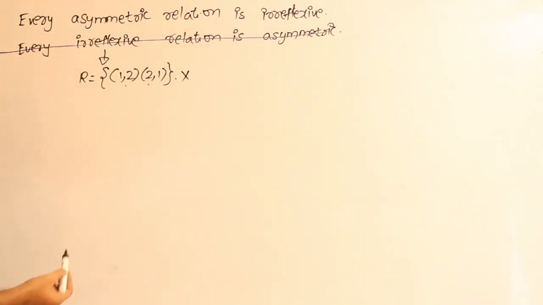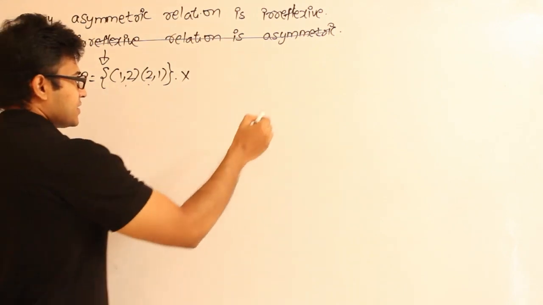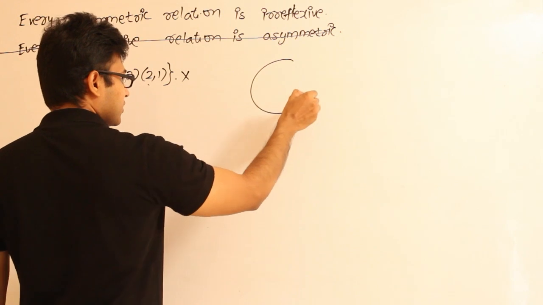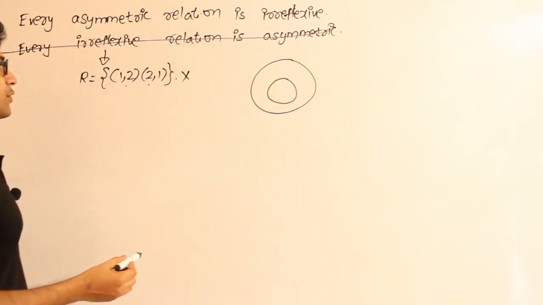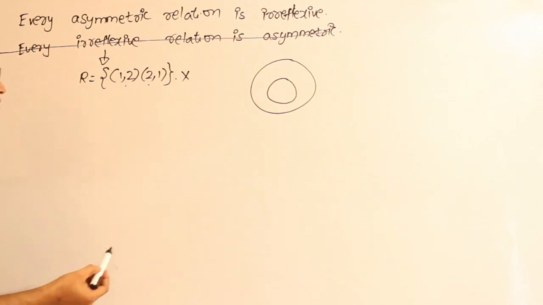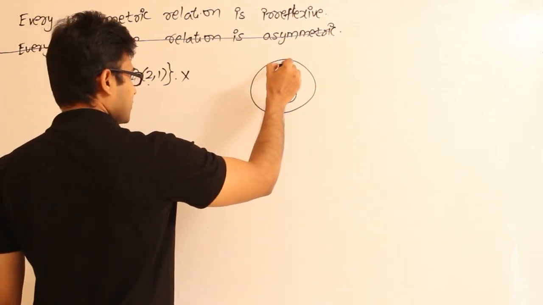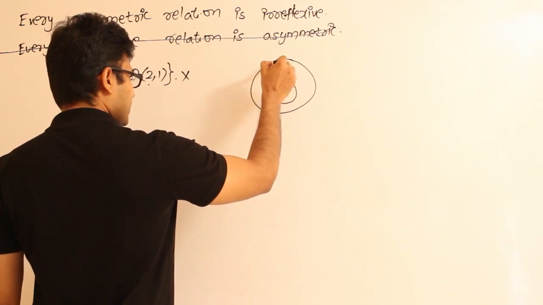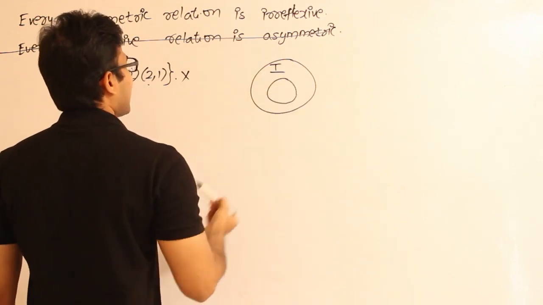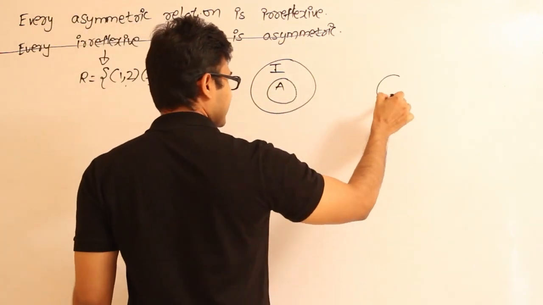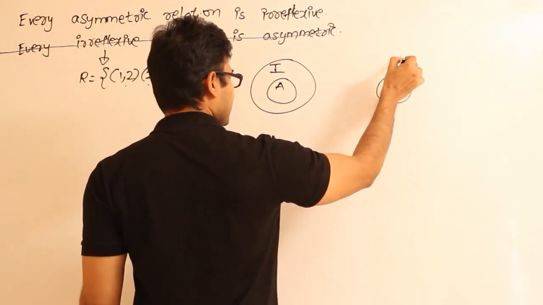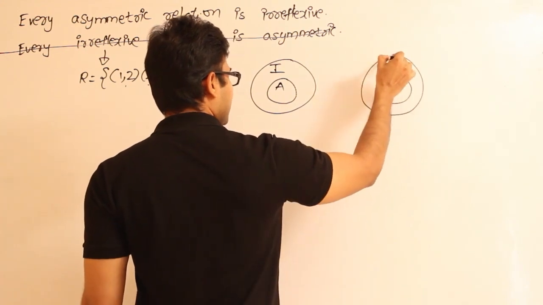Okay, now since you found out the first one, whenever you have any such relation, we can imagine that one set is properly included in the other set. Right, now again there will be a confusion. Which one is included in what? Is this diagram right? Which means, is the outside one irreflexive and the inside one asymmetric, or is the inside one irreflexive and the outside one asymmetric?